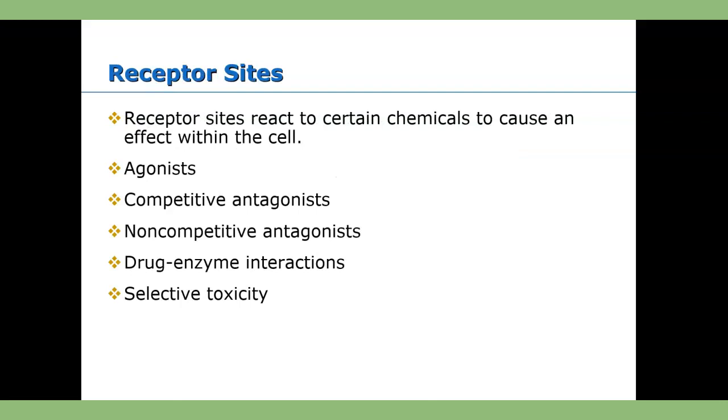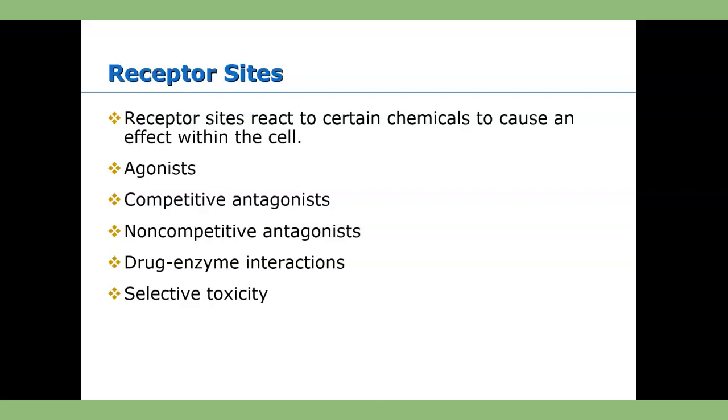So many drugs attach to receptor sites, and there are different types of mechanisms. For example, there are agonists that attach right to the receptor site to get into the cell to work. We also have competitive antagonists, so two drugs that are competing. There's also non-competitive, which I'll show you on a picture.